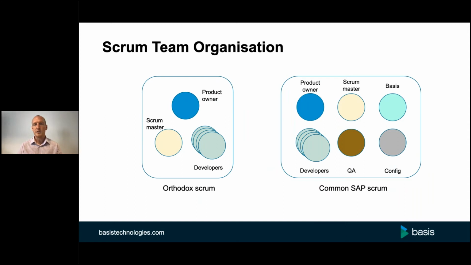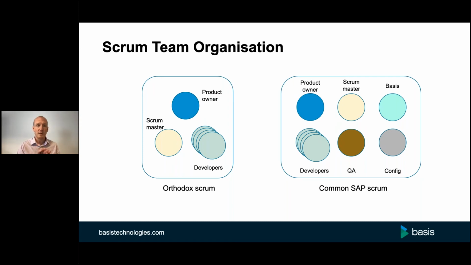Team organization is a really important change, though not necessarily a huge change for Agile compared with maybe something like DevOps, but it is important and needs to be something you think about if you want to adopt Scrum in your SAP team. In an orthodox traditional Scrum team, there are only 3 roles, but there are more than just developers.